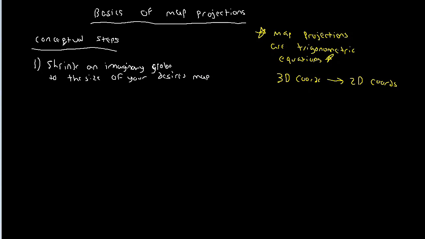So two things. When we say size here, what we're talking about is something called reference scale. We've talked about scale in the past. Scale is just the relationship between the size of objects in the real world and the size of objects on the map. So the first thing that we're going to do is decide what that scale is going to be, and we call that reference scale.